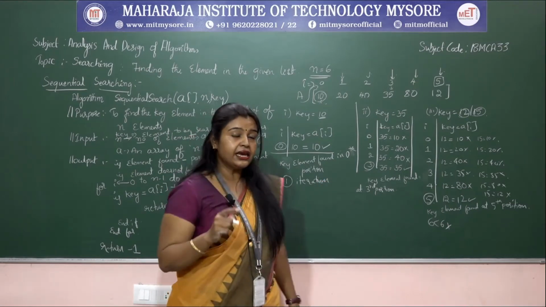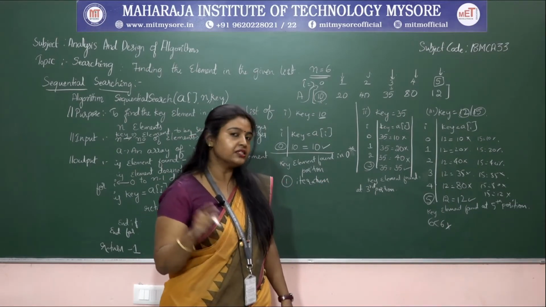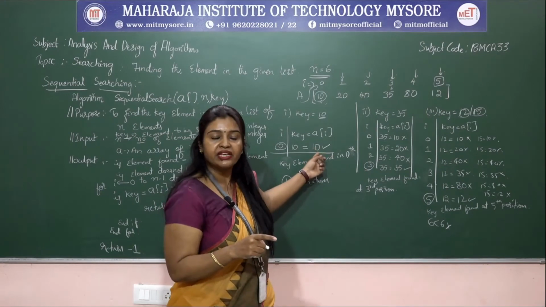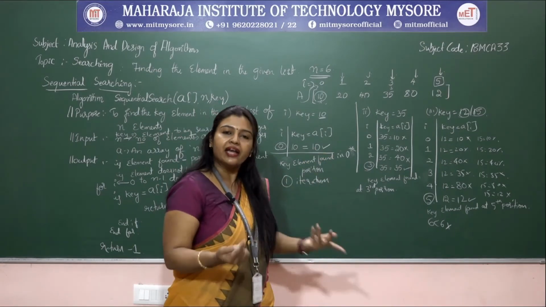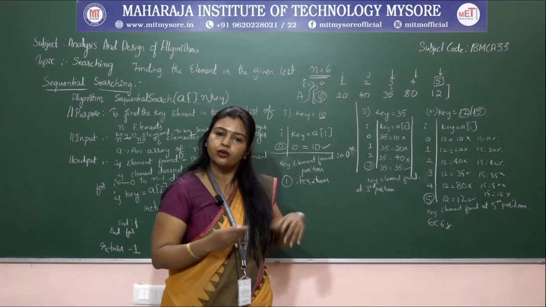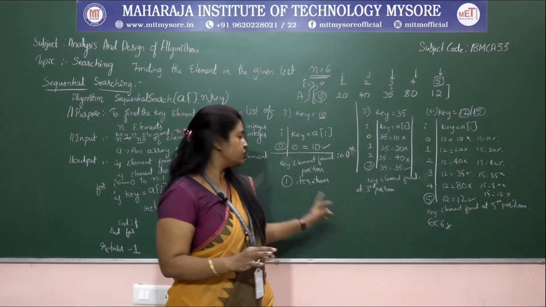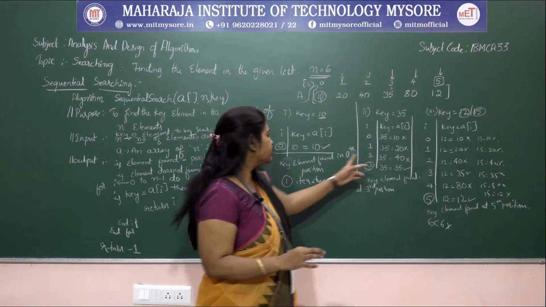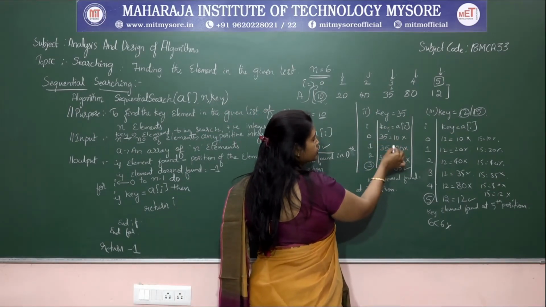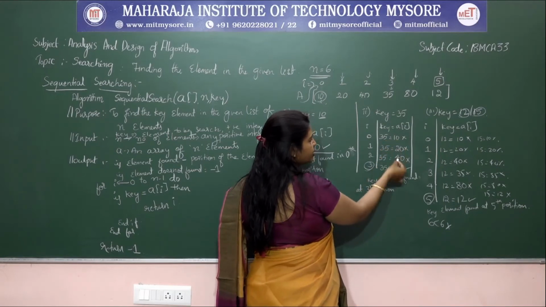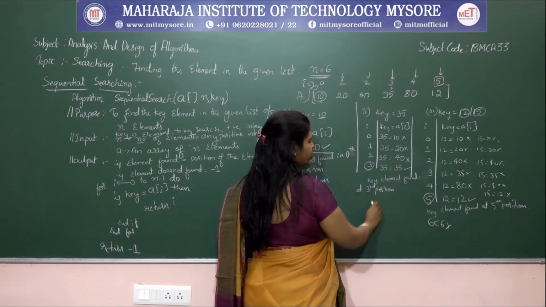If I say the basic operation is a comparison, how many times has your basic operation been performed? Only one time. In one time itself we got the result, so you are stopping there itself, right? So this is one iteration. Next, coming to this one, how many iterations have we done? 1 comparison, 2 comparison, 3 comparison, 4 comparison.